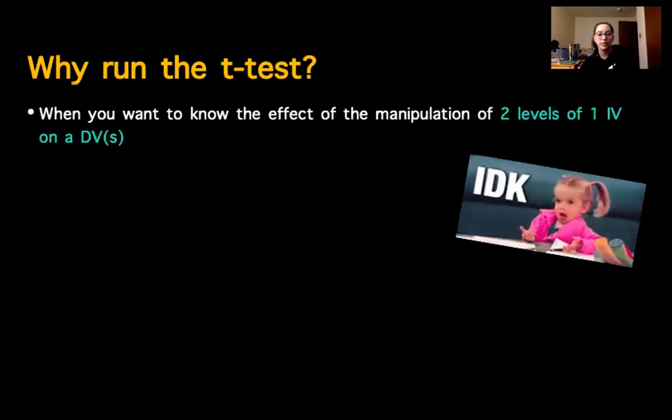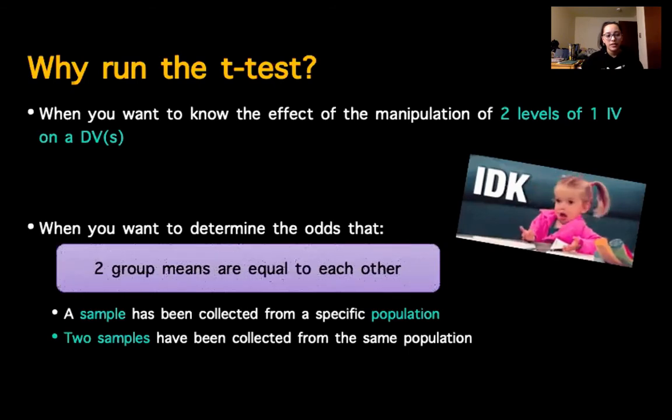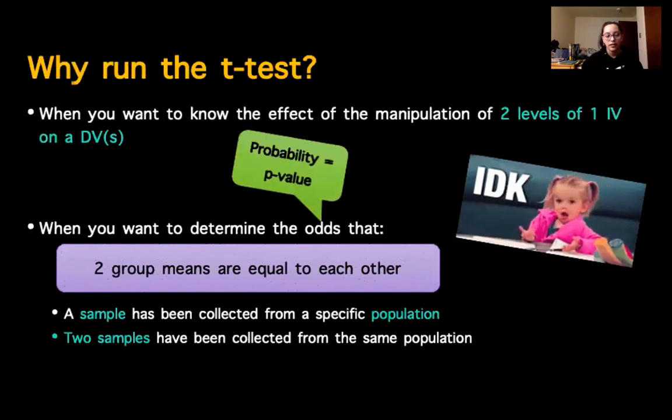The independent variable is going to contain some type of manipulation that the researcher wants to know, right? So really what we're doing is we're just determining the odds that two group means are equal to each other, or we're finding the probability or the p-value for a comparison of two means.